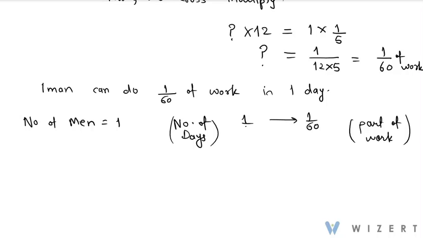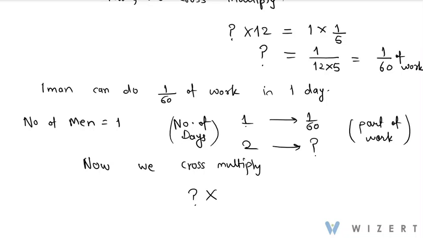So how much of the work will he do in 2 days? So now we cross multiply. So part of work he will complete in 2 days multiplied by 1 is equal to 1 by 60 multiplied by 2.